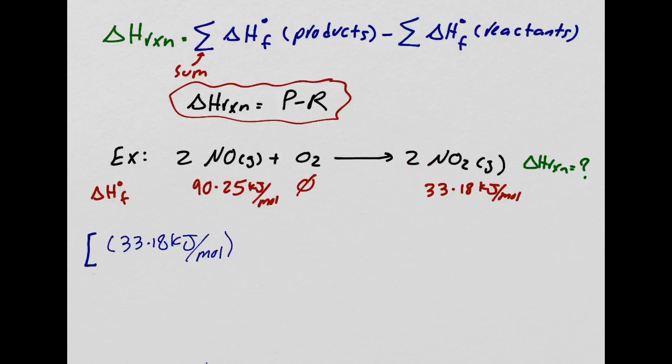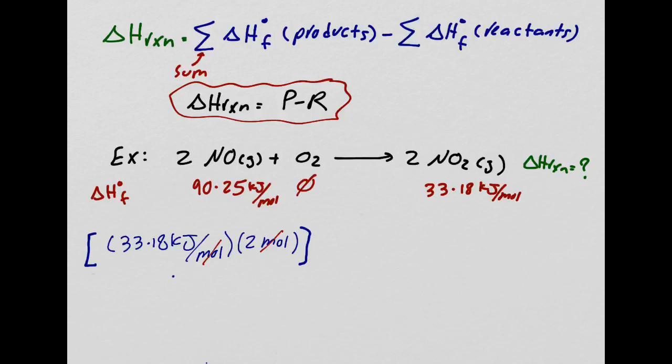Now, coefficients are the mole ratio. What is the coefficient here? That means I have 2 moles of that. So you have to multiply it by the coefficient, which is the mole ratio, so the mole can cancel out. That's the only tricky part that you have to remember. And don't forget to multiply by the coefficient.